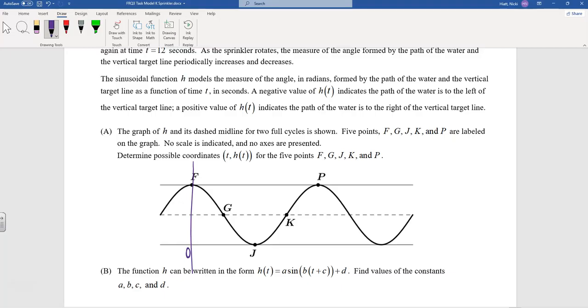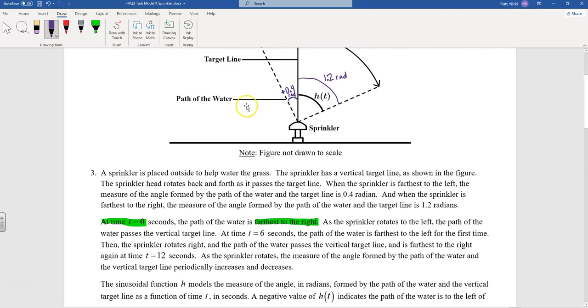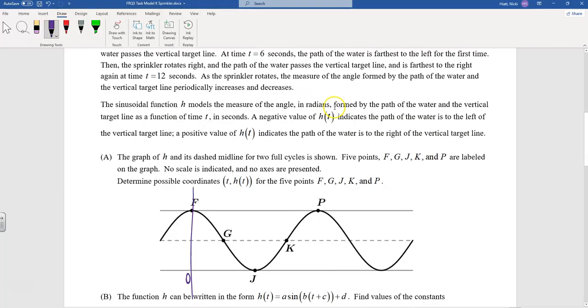And if we want to go ahead and put in that highest point, it's 1.2 radians. Okay, our lowest is negative 0.4 radians.